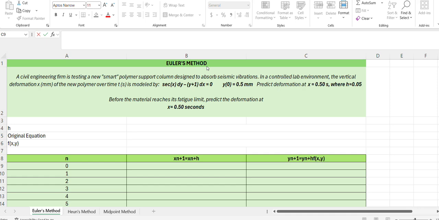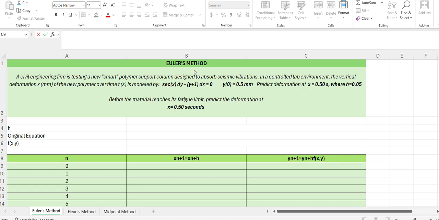In a controlled lab environment, the vertical deformation y in millimeters of the new polymer over time x in seconds is modeled by sec x dy minus (y plus 1) dx equals 0, where y initial equals 0.5 millimeters, and we must predict the deformation at x equals 0.50 seconds, where the increment size is 0.05, before the material reaches its fatigue limit.